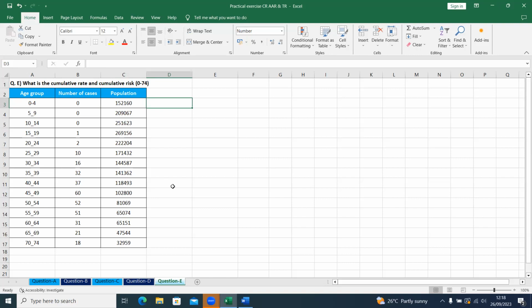Sir has explained in his lecture how to calculate the cumulative rate. You need to calculate the age specific rate first. So I just mentioned the formula here. I will calculate the age specific rate for all age groups.